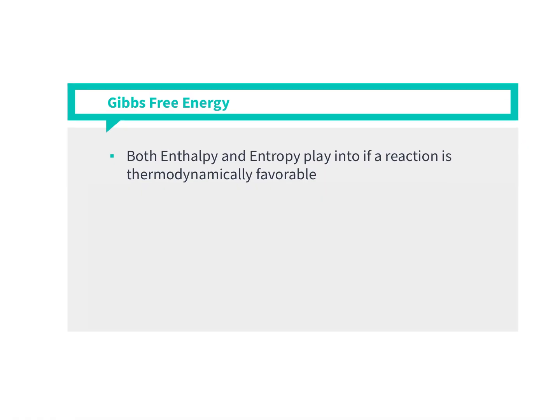Now, of course, because of the function delta G equals delta H minus T delta S, both enthalpy and entropy play a role in whether or not a reaction is thermodynamically favorable. Let's take, for example, what if delta H is less than 0 and delta S is positive, right? In other words, it's an exothermic reaction, and we're getting increasing disorder.